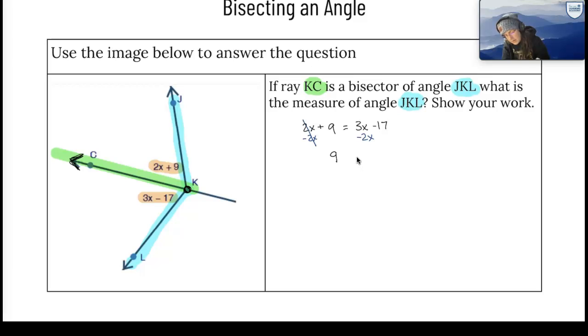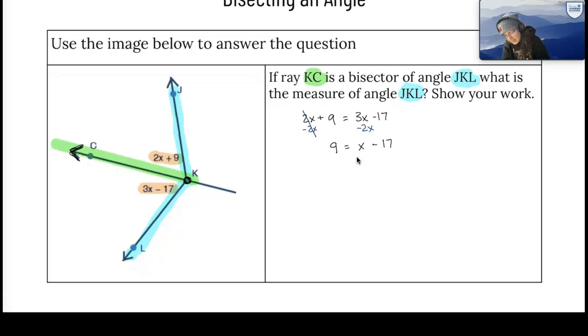So we have 9 equals x minus 17. Now we still need to isolate that x, right? So we're going to add 17 to both sides, because we're doing the opposite operation so that we can balance the equation.